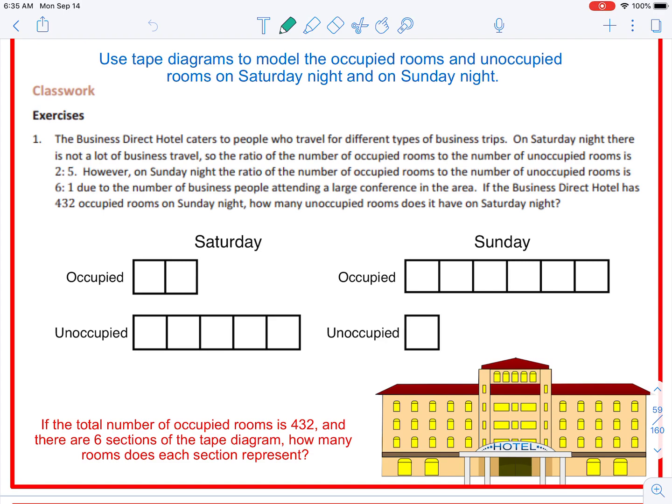If the Business Direct Hotel has 432 occupied rooms on Sunday night, how many unoccupied rooms does it have on Saturday night? Okay, so our keywords here, we know our ratio is 2 to 5 and 6 to 1 from Saturday to Sunday, and those tape diagrams below show that.